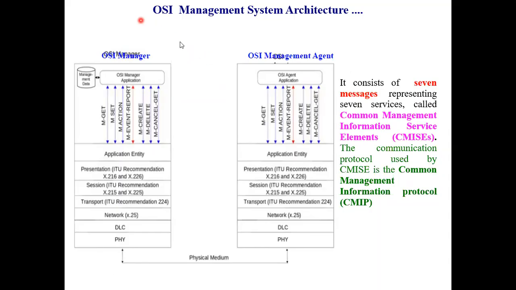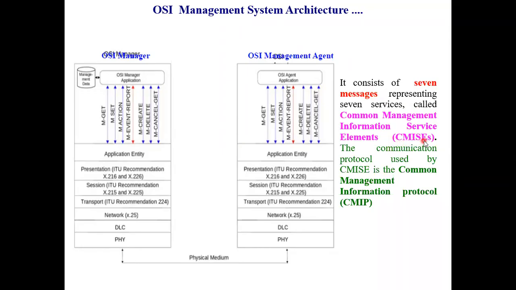So what is the OSI management system architecture? It consists of 7 messages representing the 7 services, which is called the Common Management Information Service Element, CMISE. So what is the full form?